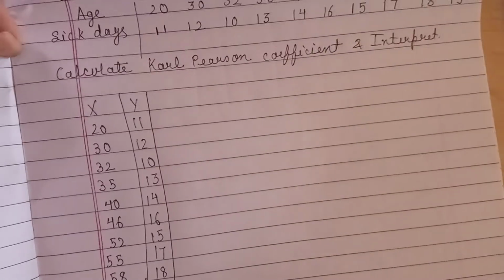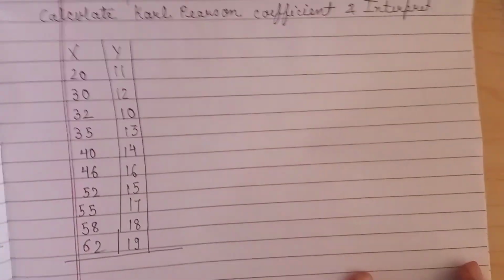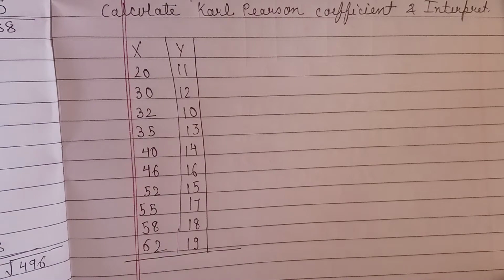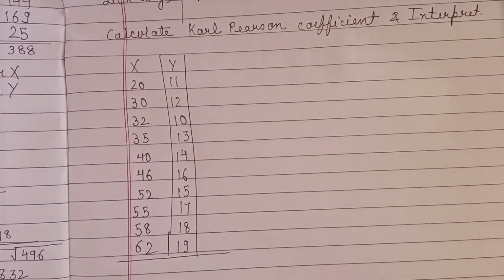First you can find out the value of summation of x and summation of y, for convenience, to decide what we will subtract, that is, what will be our assumed mean. You can find the assumed mean with the help of the mean also.